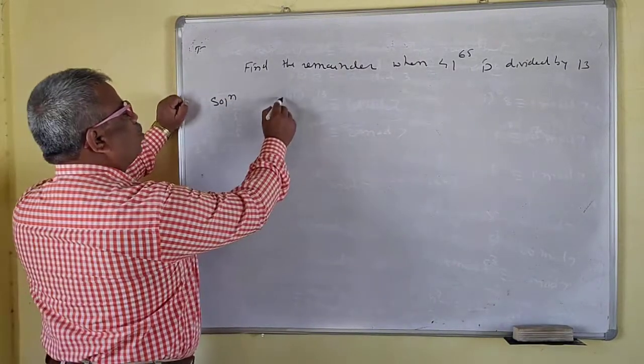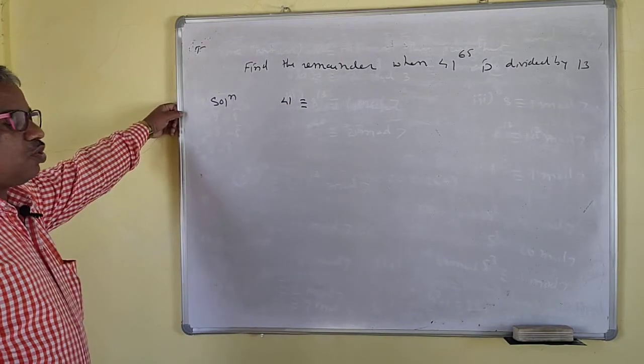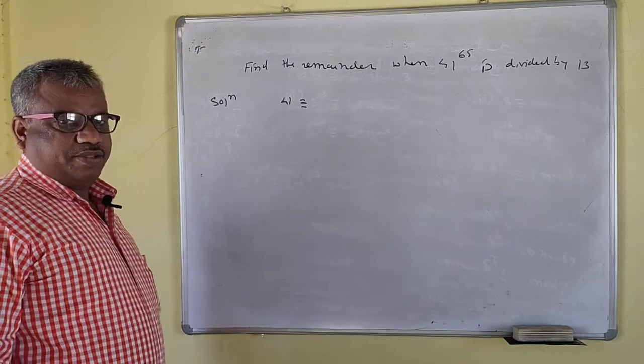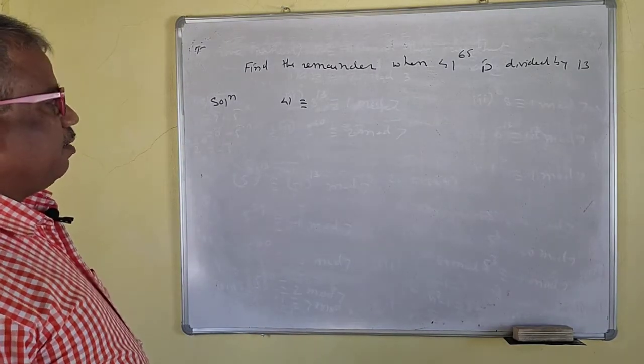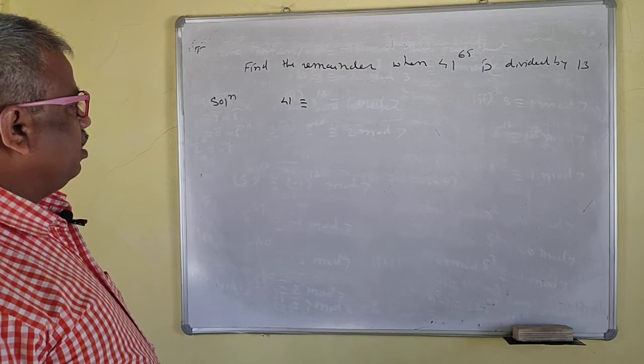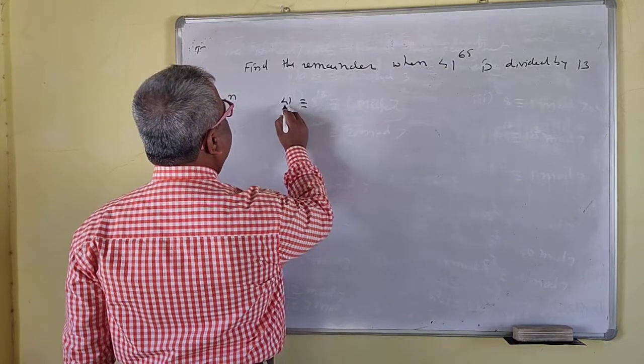So we do for 41 is congruent to 41. So 41 with 13, right? 13 is 3. Okay, so 39. So 39 is same as this is 39. Here we want 39.